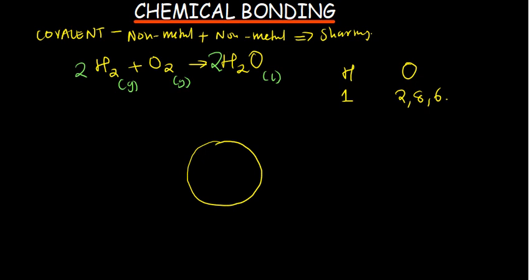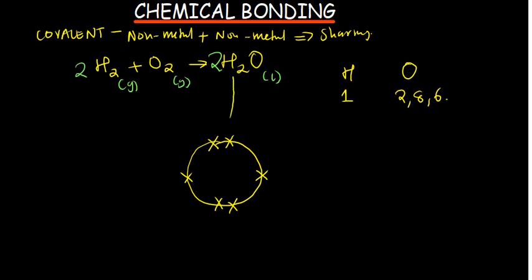Let me write this electron configuration: 1, 2, 3, 4, 5 and then 6. I'm not showing the inner ones because the electrons which participate in a reaction are only the outermost electrons or valence electrons. So the 6 of them.